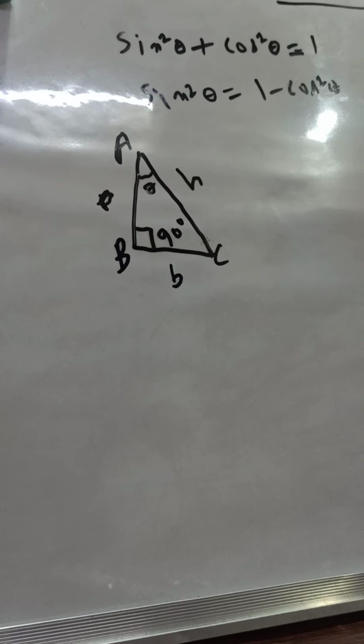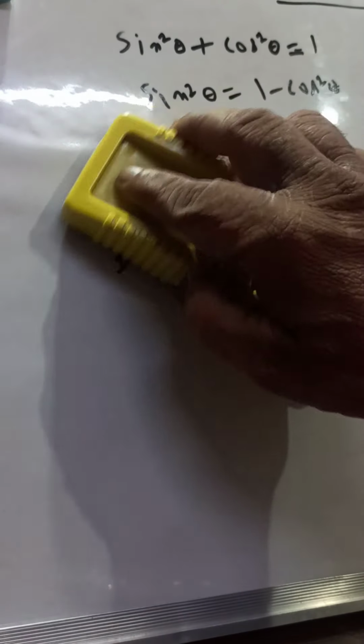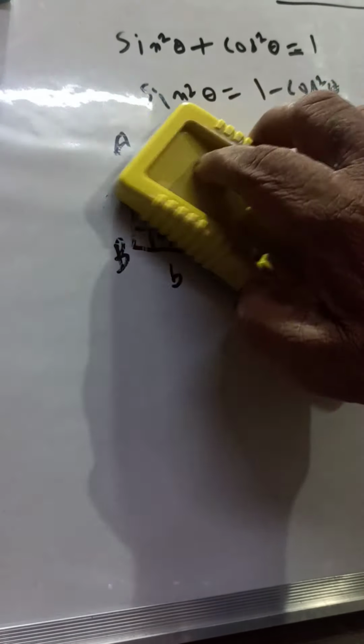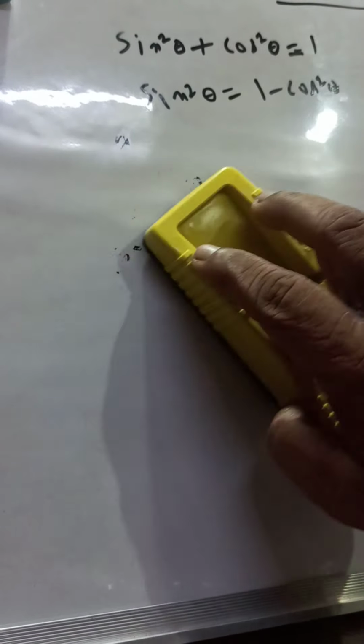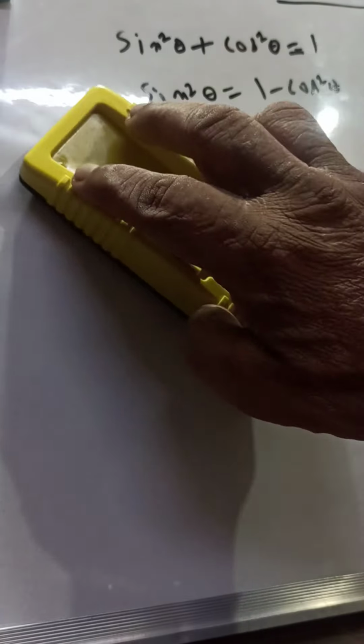Sin of A. We can make the angle like this, the opposite way. Just listen, as it is given in your book, so it will be easier for you to understand.